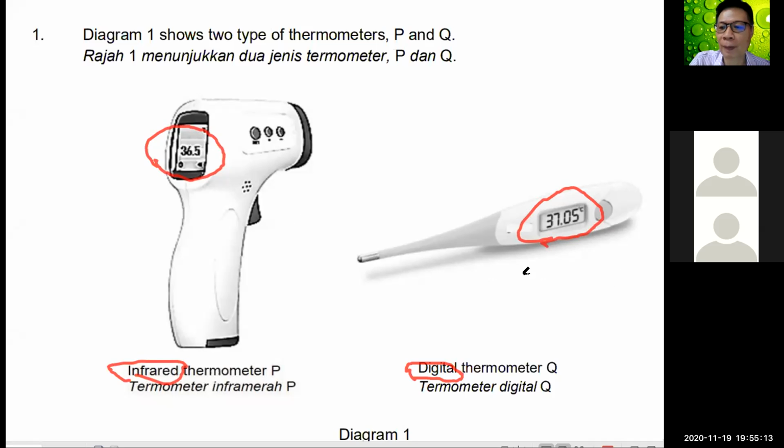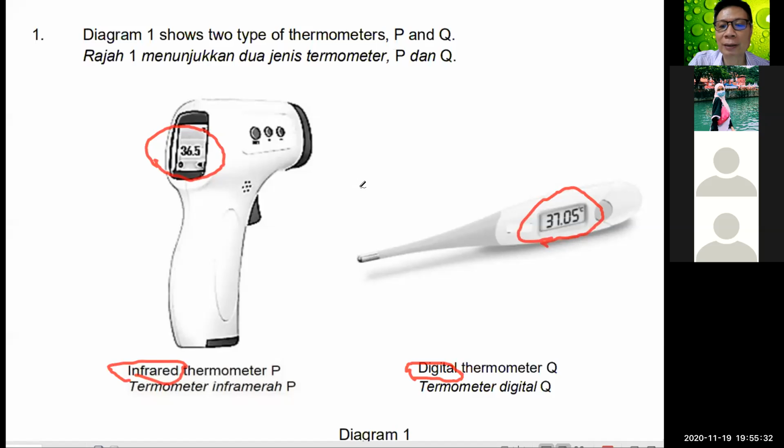Mafuza, which one is better? 2 decimal places or only 1 decimal? In your opinion?